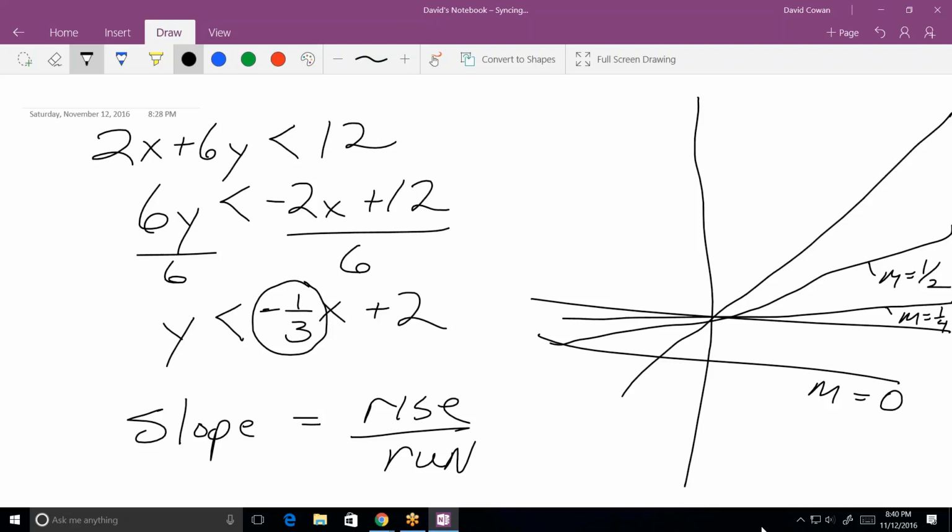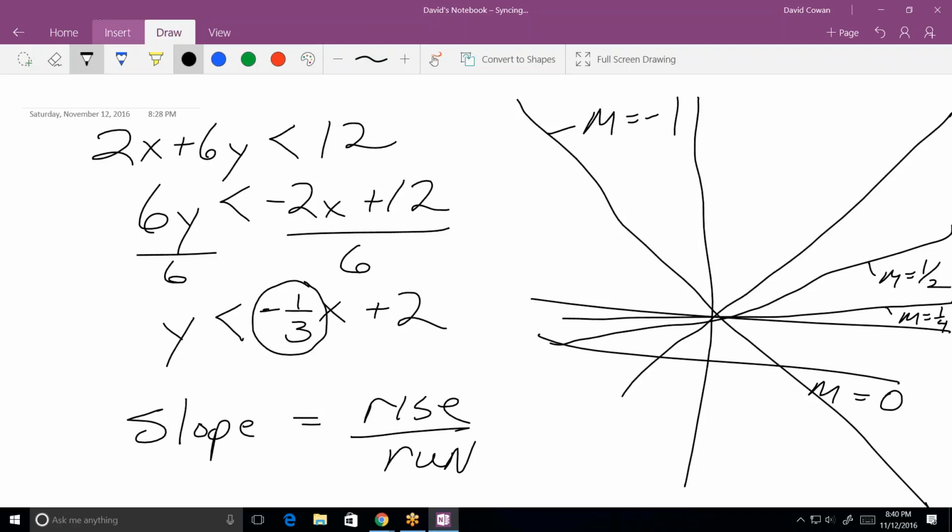And it's equivalent on the other side of the y-axis. In other words, if I have a slope like that, that's a slope of -1. It's negative, but it's the same up 1 and left 1.